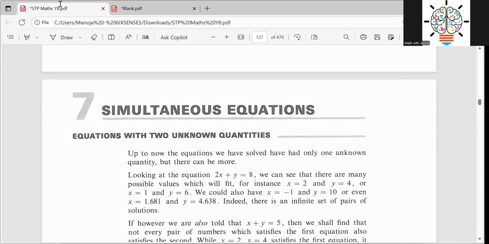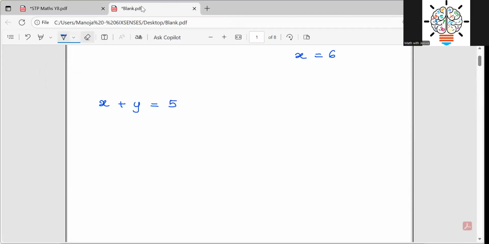But to become the simultaneous equation, you should have another one. Let's say 2x plus y equal to 8, let's say. Something like this. Now you have two equations simultaneously with two unknown values, right?